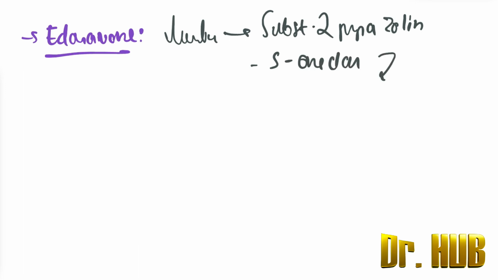It is used to treat the patients with the ALS. So it is edaravone. This is important. It is used to treat the patients with ALS, that is amyotrophic lateral sclerosis.